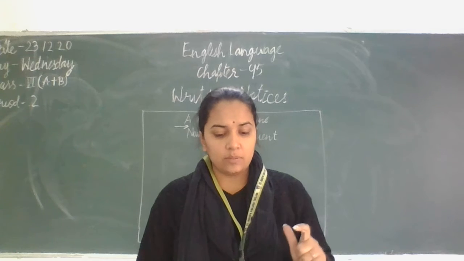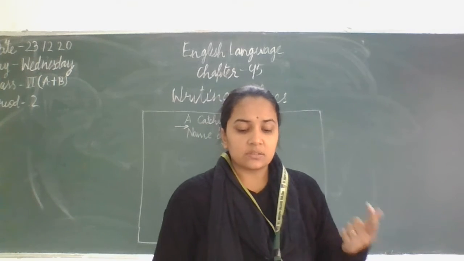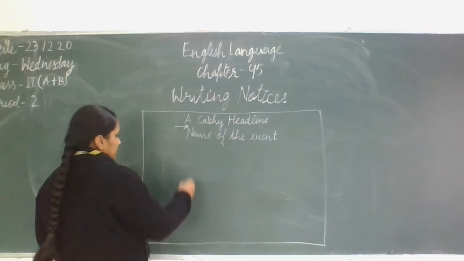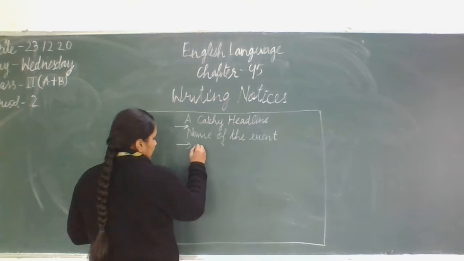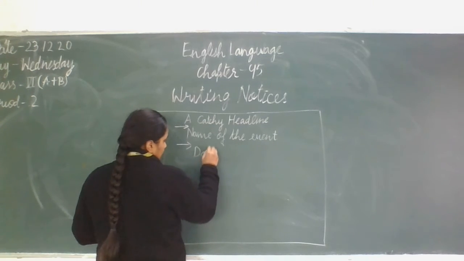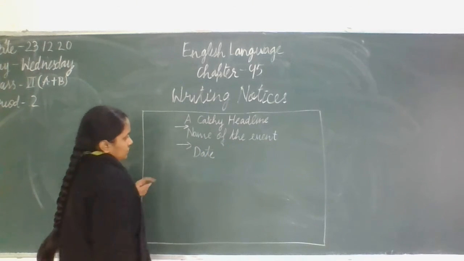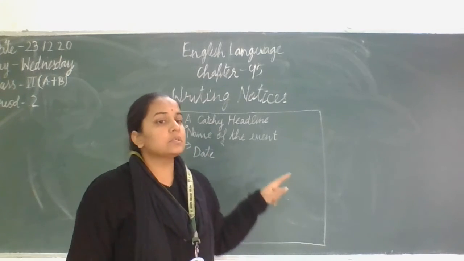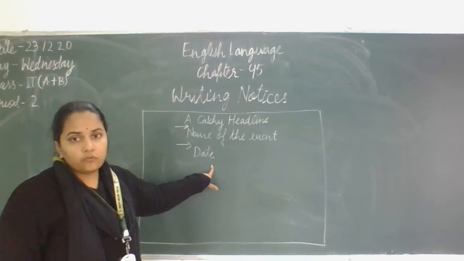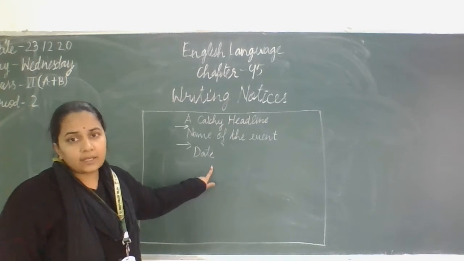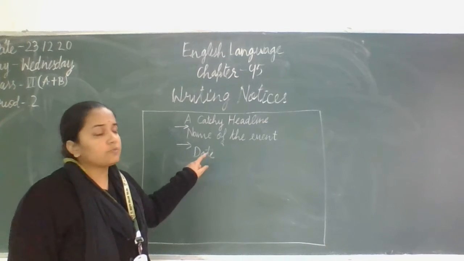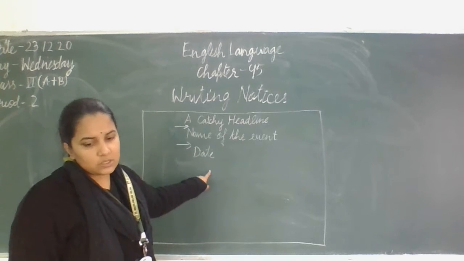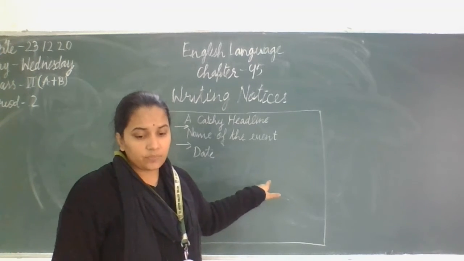After writing the name of the event, the next thing that comes is the date. Again, we will leave one space, then the date on which the event will be held. This will be the date on which the event or the activity, or the purpose for which you are writing the notice, is to be conducted.